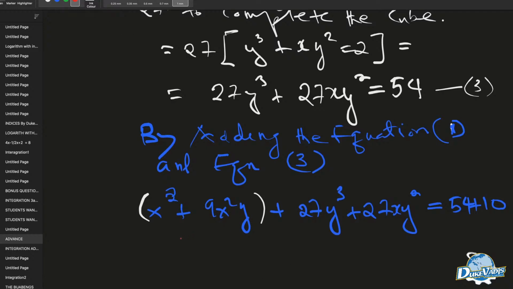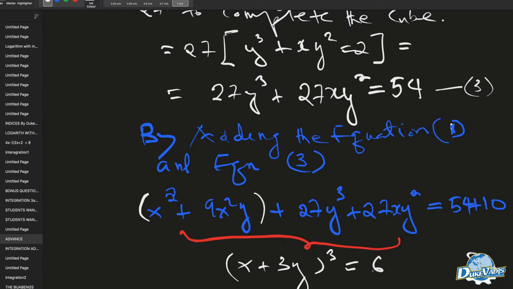So this whole equation, okay, we can say that this is x plus 3y cubed, is equal to 64.